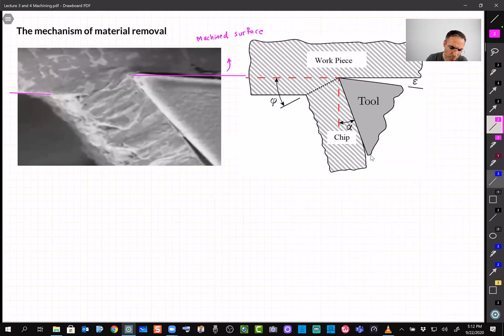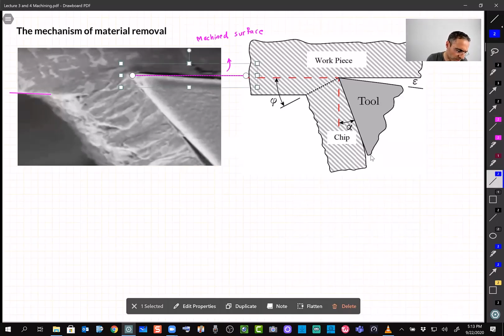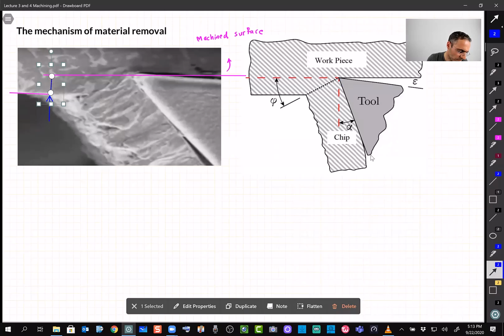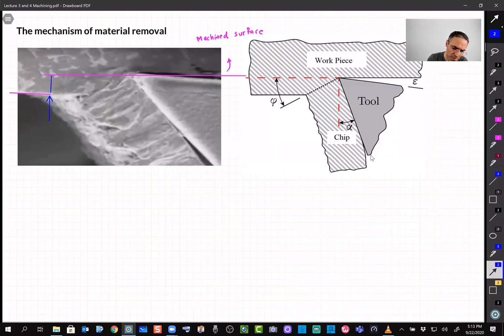So then let's say if I continue this line, all right? So let's call this distance T0. So the distance over here, we call it T0, the thickness of the material that we want to remove.